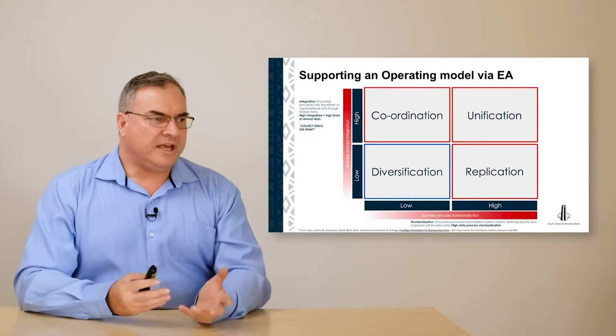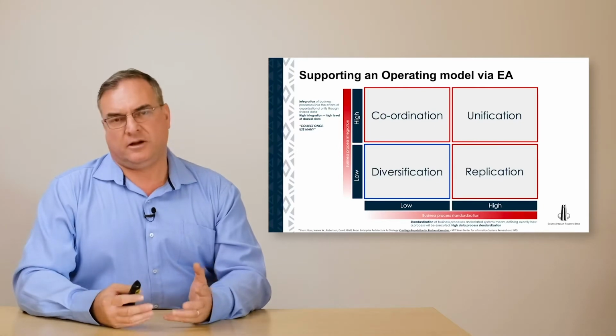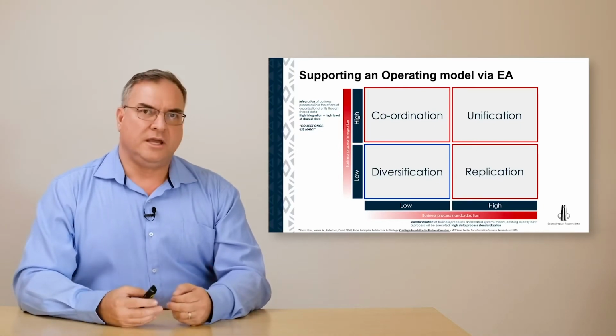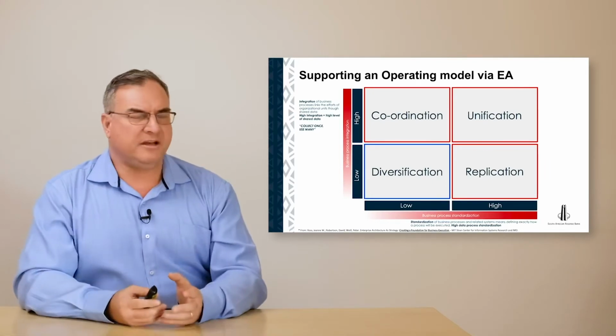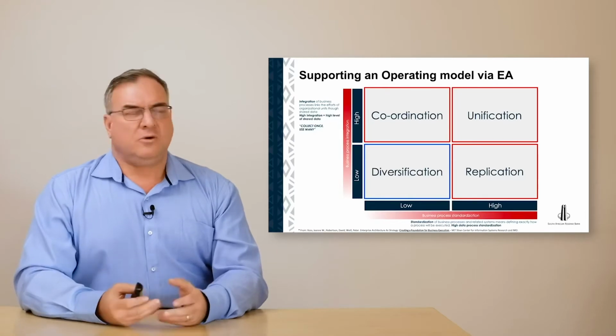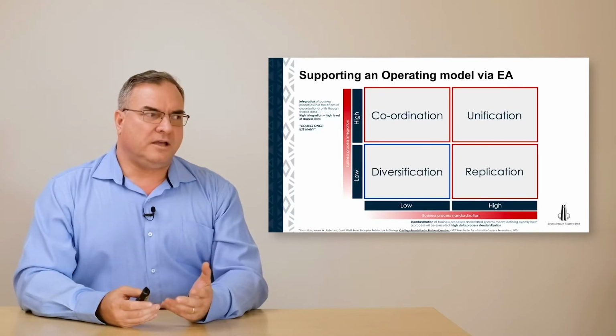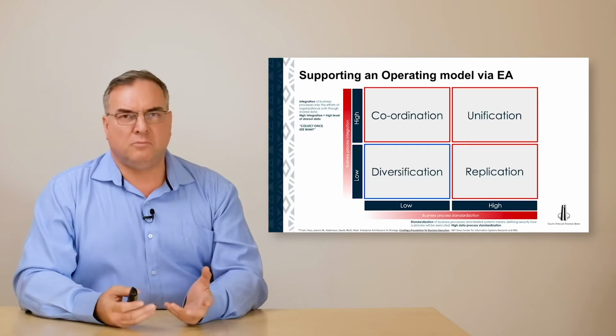And depending on that level of integration or standardization, an organization could fit into either a unification, single way of operating and everything tightly coupled, well integrated model, or an operating model where process integration might be emphasized or more important.